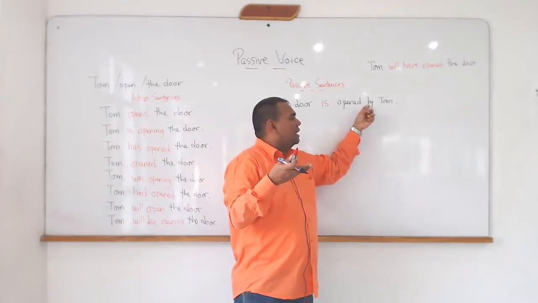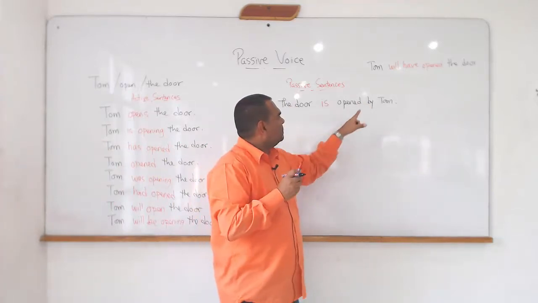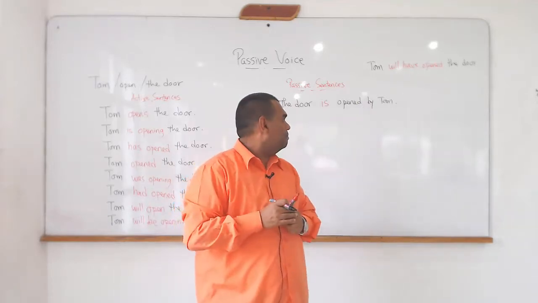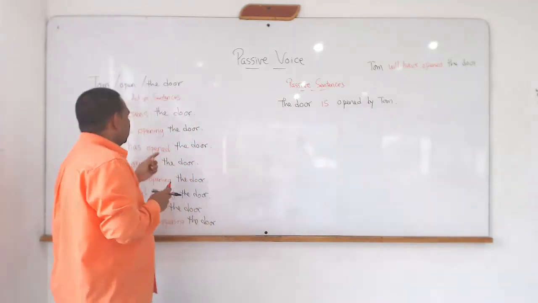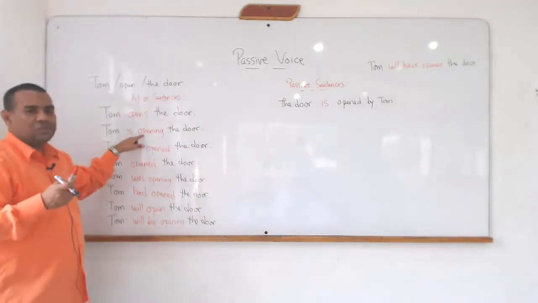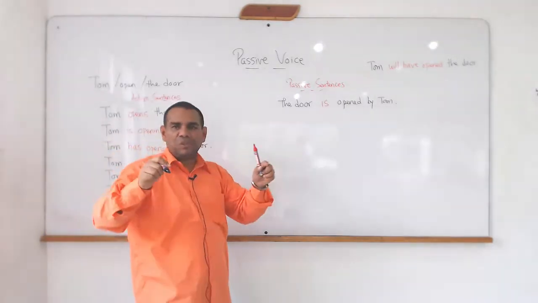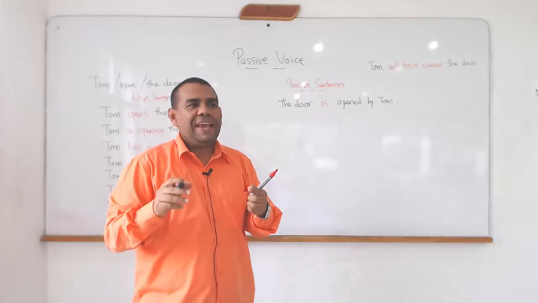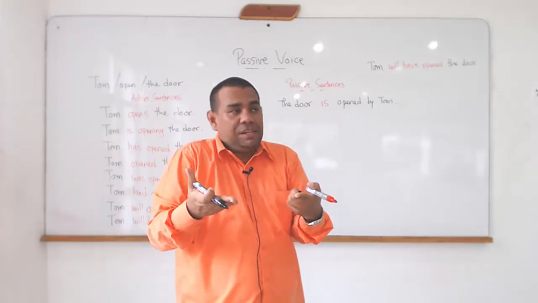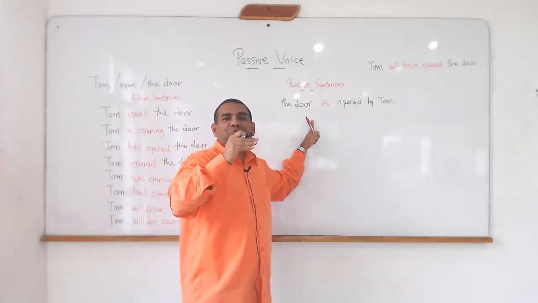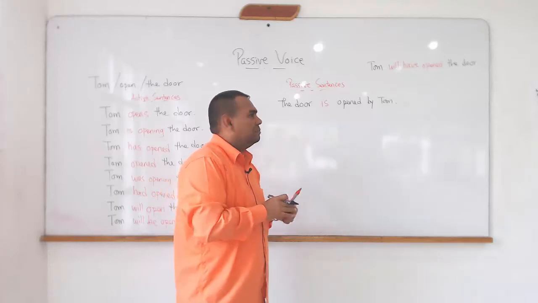This has to be introduced by the preposition by, okay, by Tom. Now let's continue with the next one. This is present continuous. So the sentence over there has to be in present continuous too.